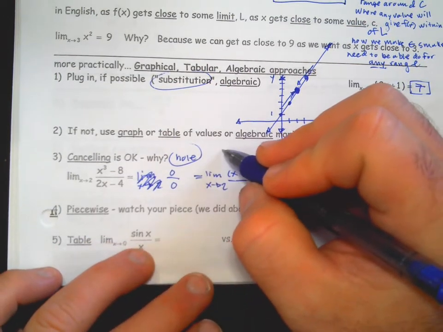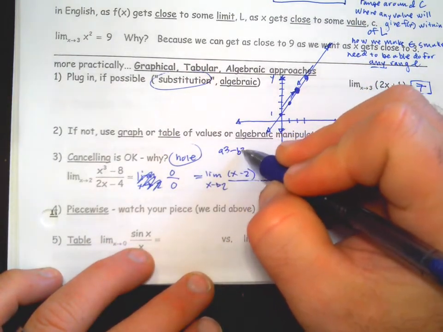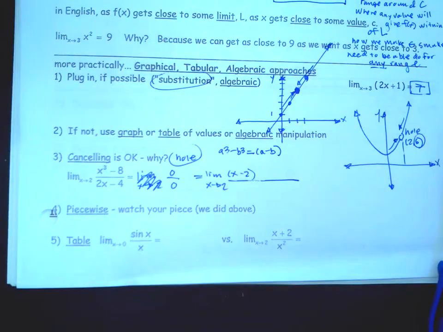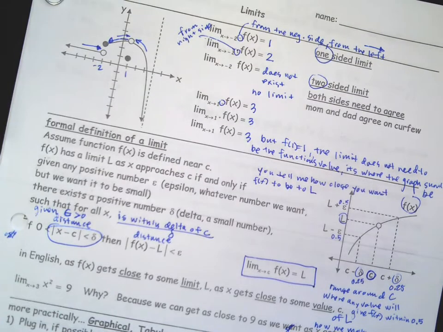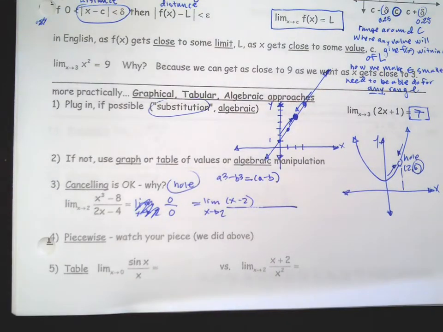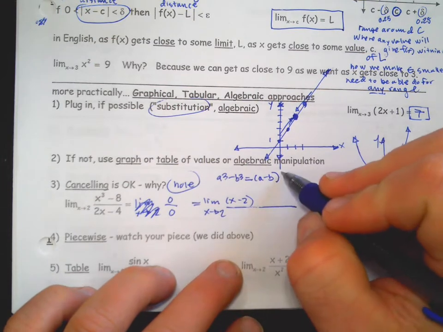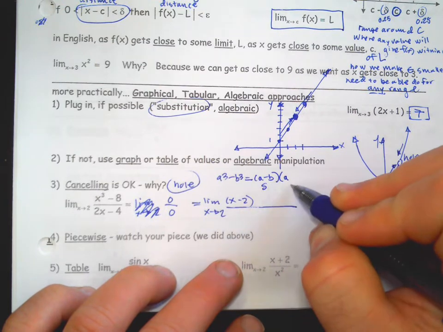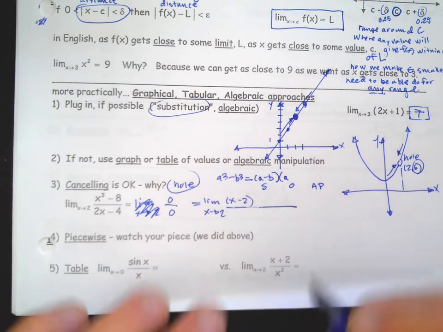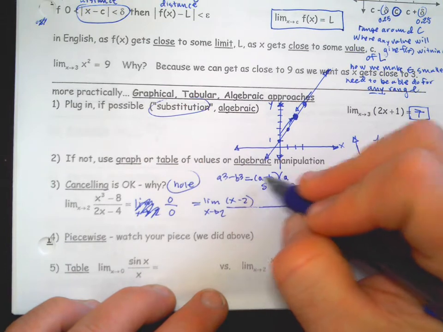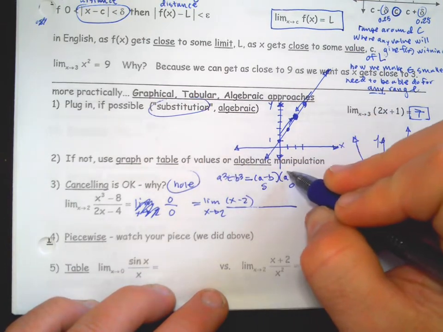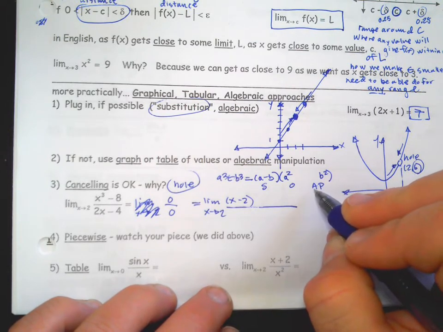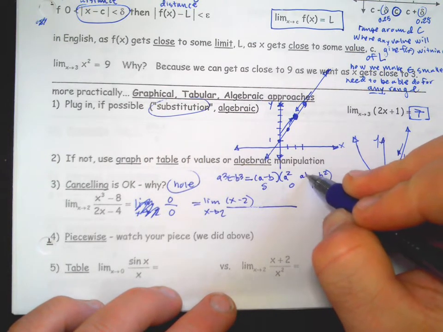a cubed minus b cubed equals a minus b, times a squared plus ab plus b squared. So if we factor this difference of cubes, you might remember SOAP, but that only helps you with the signs. It's whatever's being cubed, then you square it, and in the middle you multiply the two things together.